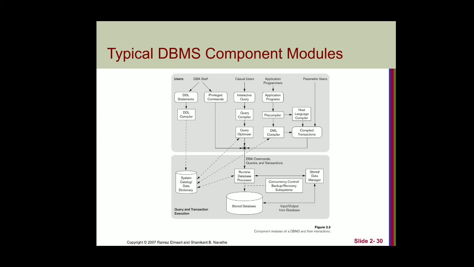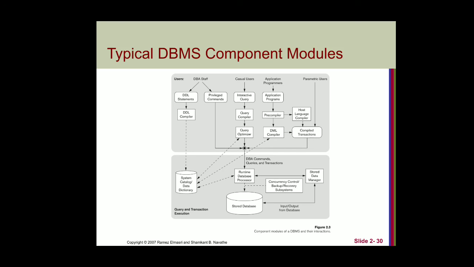In detail, creating the database, deleting things, and so on, is carried out by the DBA staff again, right? Whenever a DDL statement is written, we will make use of the DDL compiler. The DDL compiler will understand it, and whatever database is being created will be stored in a system catalog or the data dictionary.